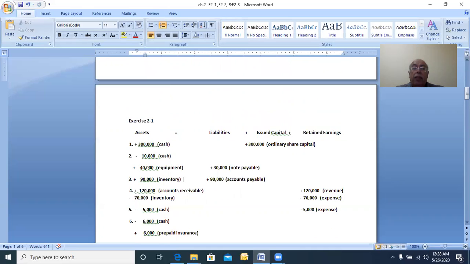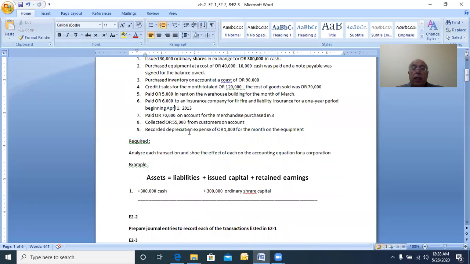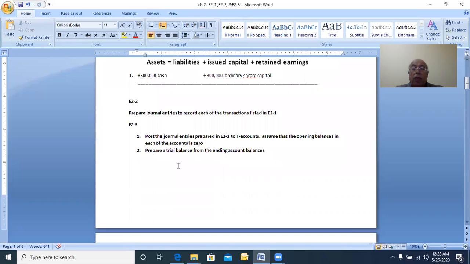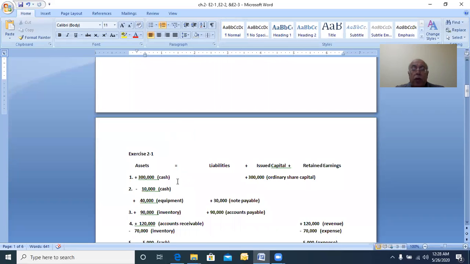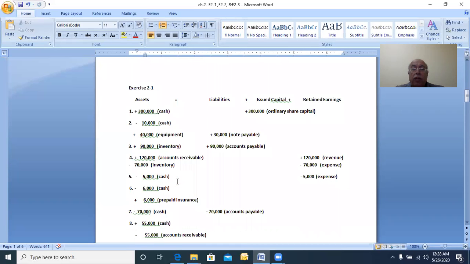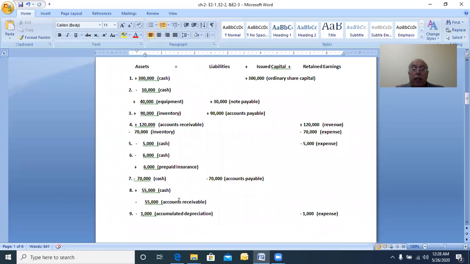Number 8, you see here, collected 50,000 from customer on account, because we sold some goods or inventory to our customer, and now we received, because we are applying accrual accounting.